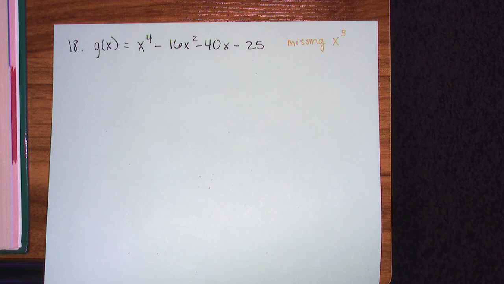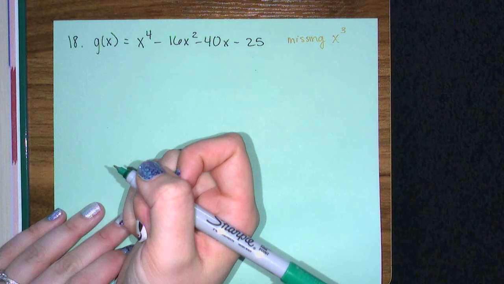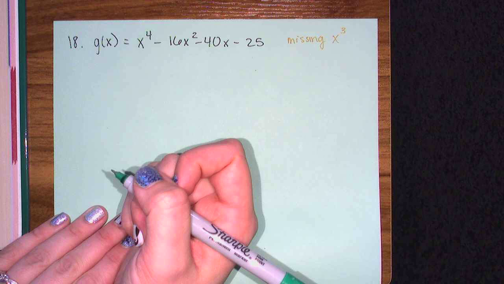Typically you're not going to have numbers on the bottom that are really, really big. Well, in a sense you are because it's fractions, but... All right, so how do I get my possible factors for this one?